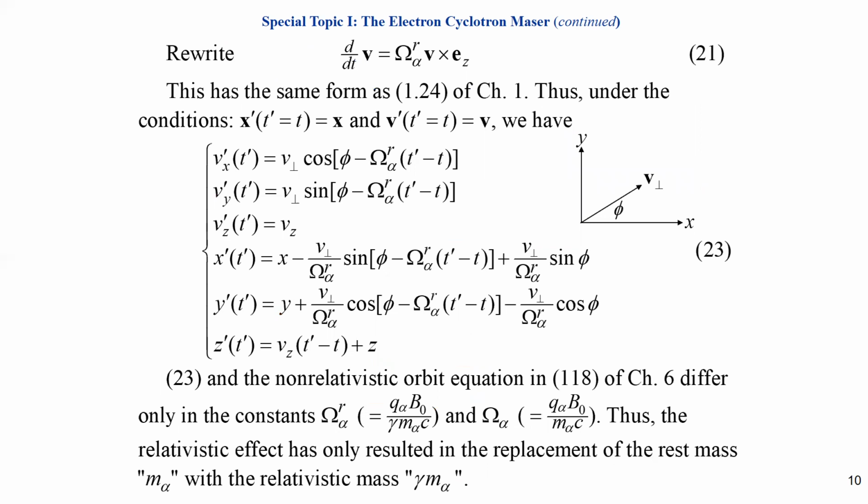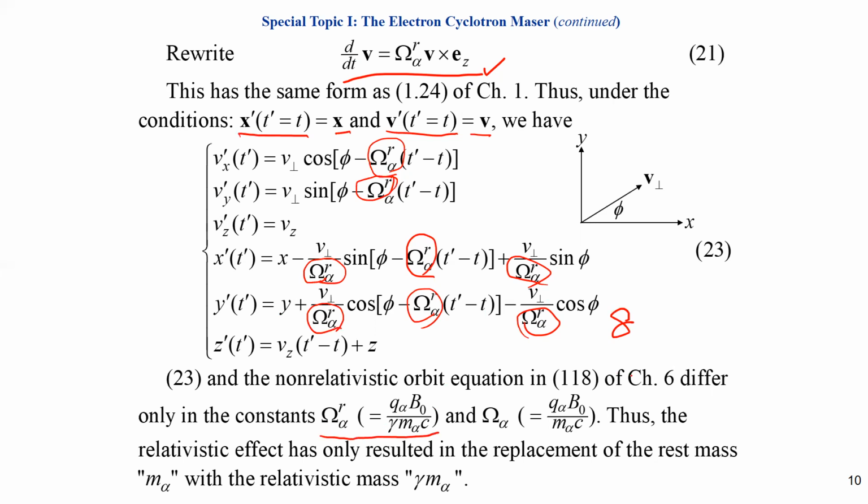Luckily we have this equation, equation 21. This has the same form as 1.24 of chapter 1, under the condition x prime equals x, and at the same time we have this one. The major difference is here. Relativistic spectrum frequency, non-relativistic spectrum frequency.